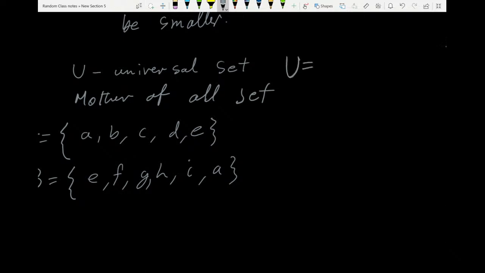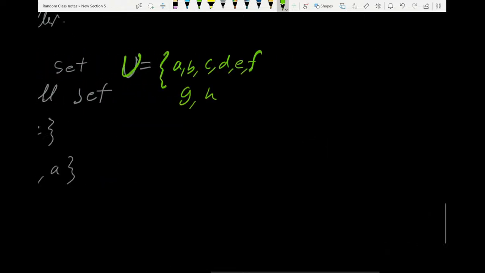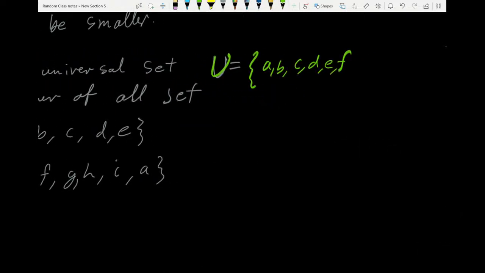So in this universal set, I'll have A, B, C, D, E, F, G, H, and I. So that's the universal set.